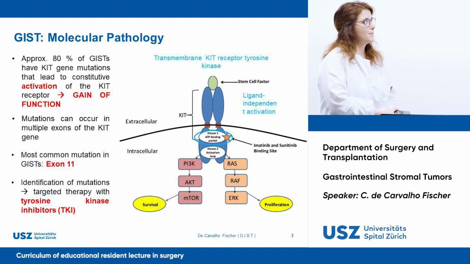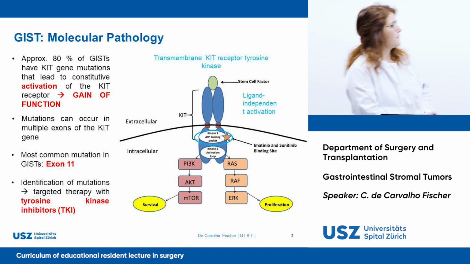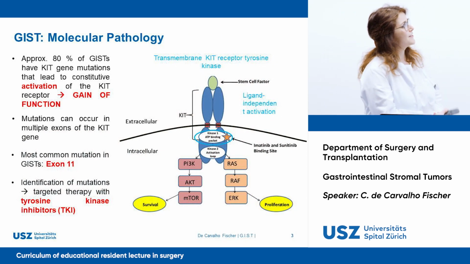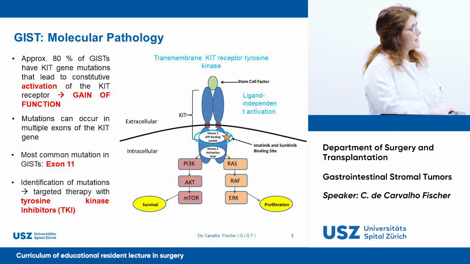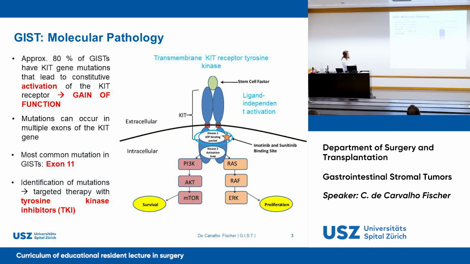Let's start with the molecular pathology. What is the KIT receptor? I mentioned earlier the KIT receptor is a transmembrane receptor, a tyrosine kinase enzyme. Approximately 80% of GISTs have mutations in the KIT receptor gene that lead to a constant activation of the KIT receptor.